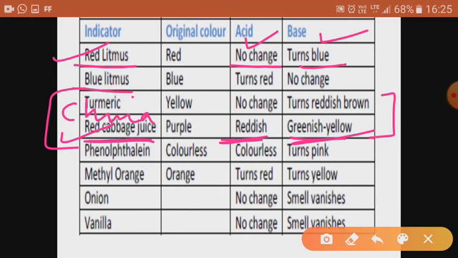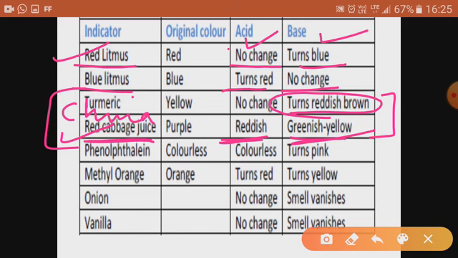If it is blue litmus paper, then it turns red in case of acid, and there is no change in base; blue remains blue. The next natural indicator is turmeric, which turns reddish brown in base whenever you apply soap. Soaps, shampoos and detergents are all in the basic category; they are bases. So turmeric with base turns reddish brown, or brick red. In case of acid, there is no change; it remains yellow only.